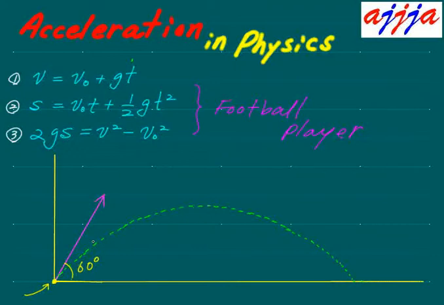Then automatically this ball is going to make this curve like this. This curve we call a parabola. Parabola curve.